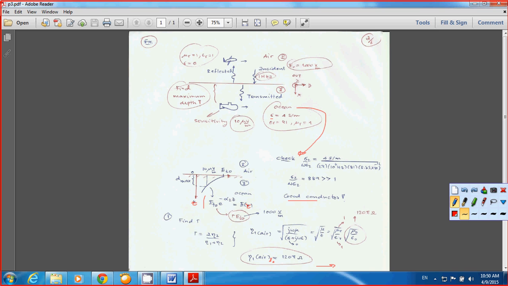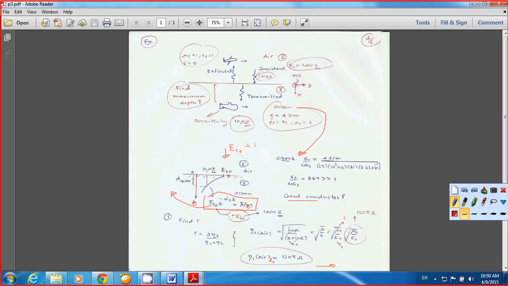Okay, so you need to use this equation, where you need to find E_t0 first. Sorry, this one is not 1000 volt, because E_i0 is supposed to be 1000 volt per meter.